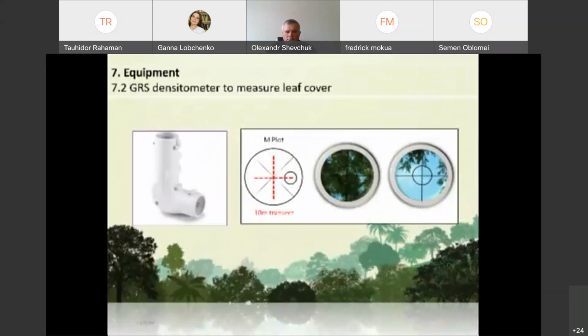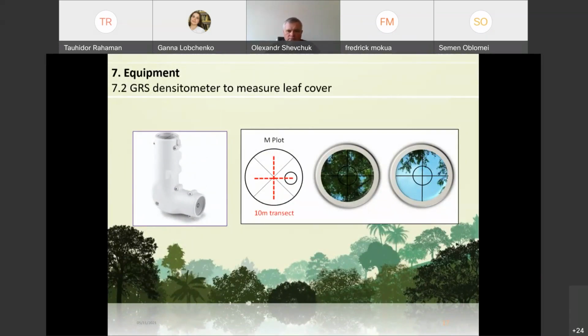So we used a densitometer to measure the leaf cover. In the middle diagram, we can see a few red lines. So from the subplot center, we walk 5 meters in 4 directions: 360 degrees, 90 degrees, 180, and 270 degrees.